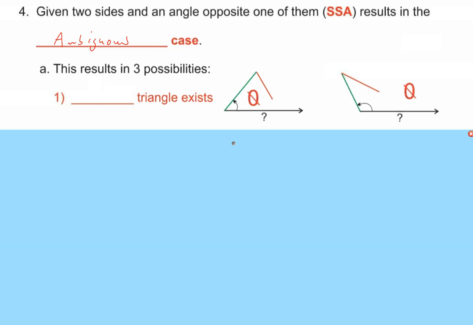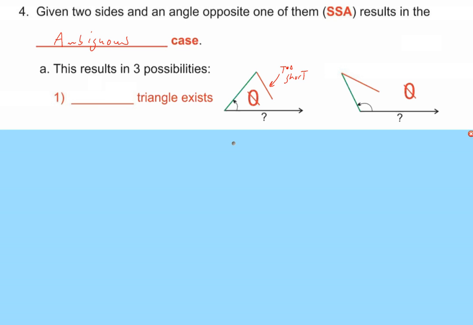Possibility one. Possibility one could have either an acute angle or an obtuse angle, right? They could give you two sides and the non-included angle could be acute. That's my first one showing there. Or it could be obtuse. This is all the first situation. The green side is one of the sides they gave you, and the red side is the other side they gave you. And here's the situation. This is too short.